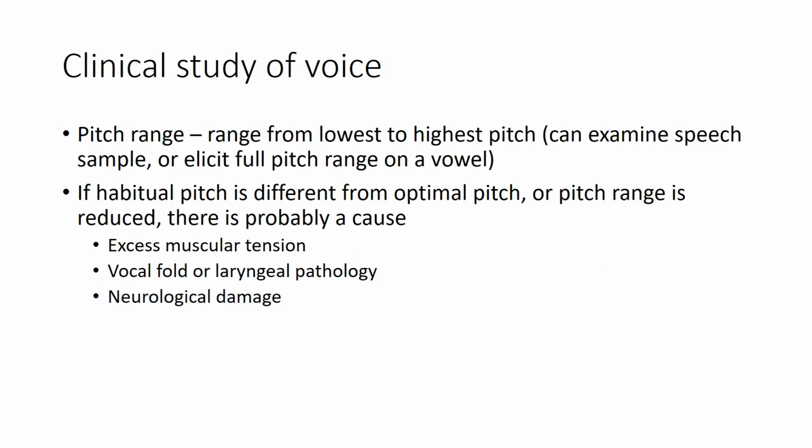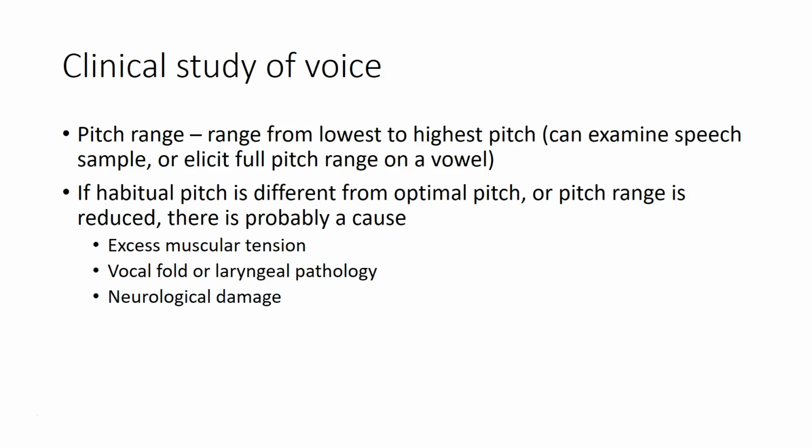You can also look at the range of pitch for a voice from lowest to highest. This could be in a speech sample, like in these lectures that I'm recording, or you could have a person try to create their highest pitch and their lowest pitch to see what kind of range they have. Again, we have norms for these things that are typical for males and females, sometimes at different ages.